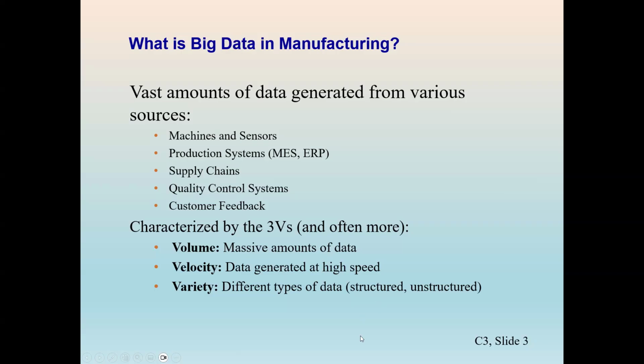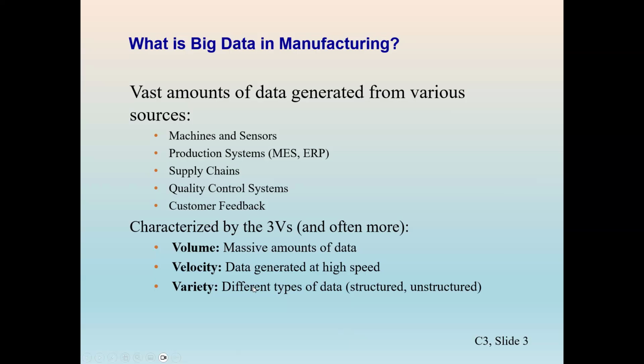We also have two more V's, the veracity and also the value. So the veracity is the accuracy and also the reliability of the data. Value will be the usefulness and insight that can be derived from the data. So most textbooks give us five V's. Again, the volume, the velocity, the variety, veracity.